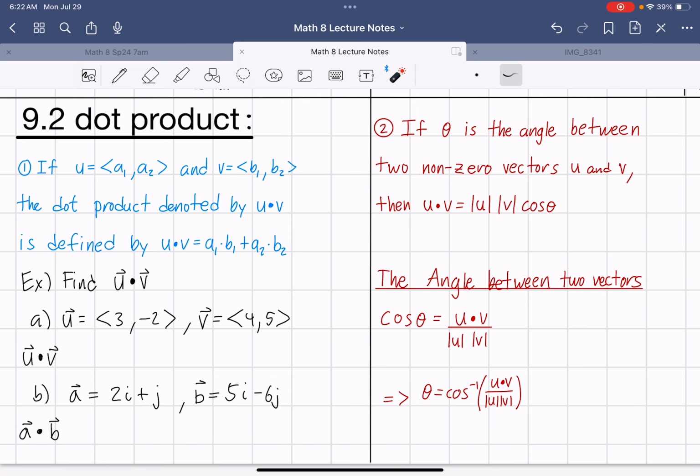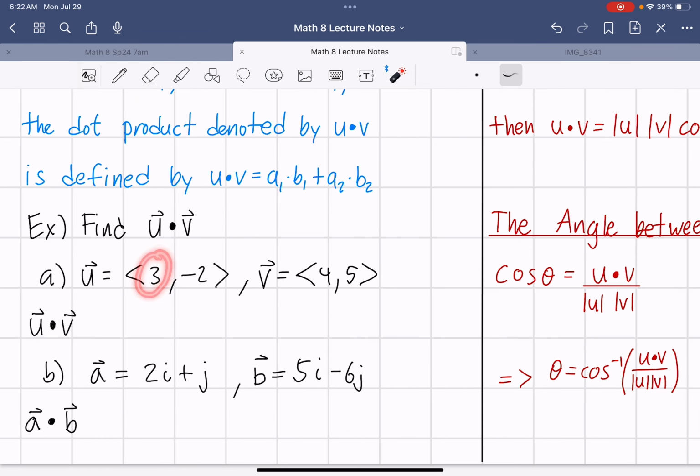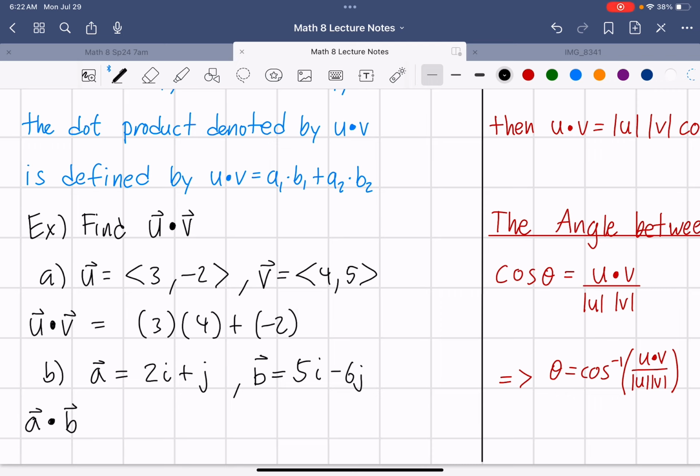But let's just practice this version of the dot product. It tells us that we have to take the x components and multiply them together. So that's going to look like 3 times 4 plus negative 2 times 5.